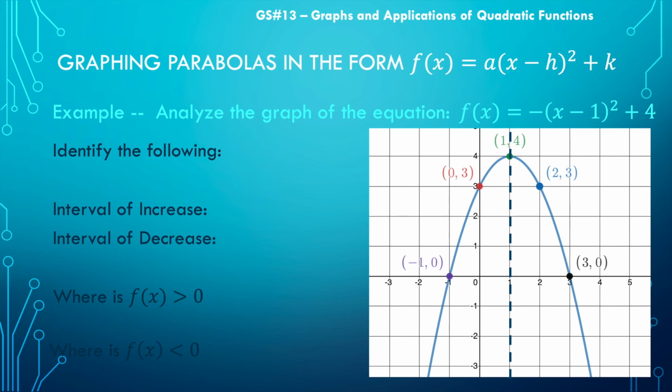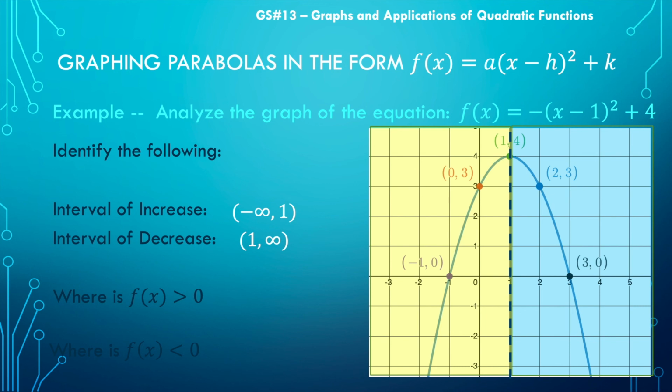Now let's look at the interval of increase. Our interval of increase is the left-hand side of this graph, the yellow portion. So what's the domain of the graph in the yellow portion? That's negative infinity to 1. And the interval of decrease is the other side, so 1 to infinity.